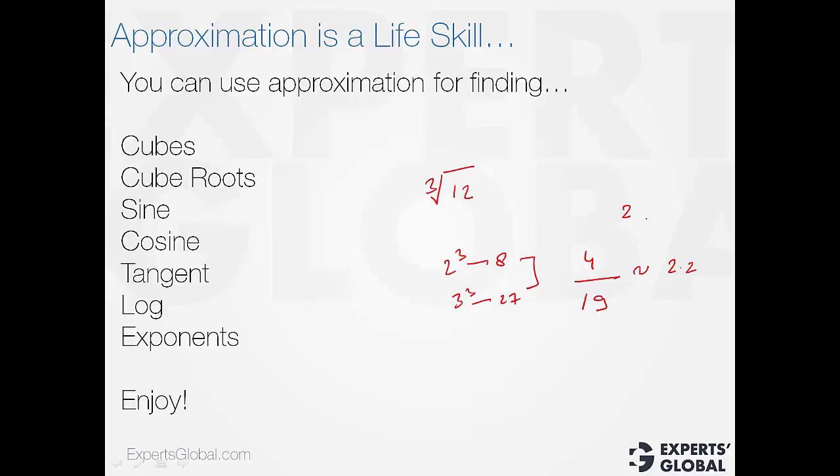I'm sorry, this should be 0.22 something. So a bit more than this. So cube root of 12 should be something like 2.24, 2.25, something like that. And the right answer is 2.28, so yes, you can apply this very technique in finding all sorts of stuff.